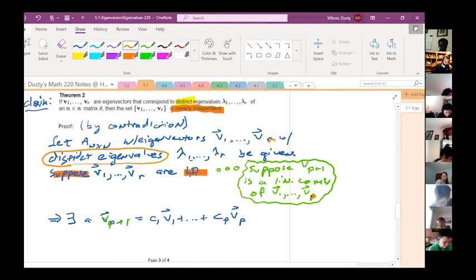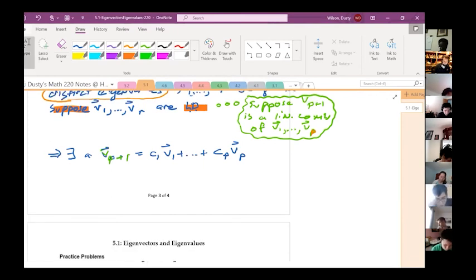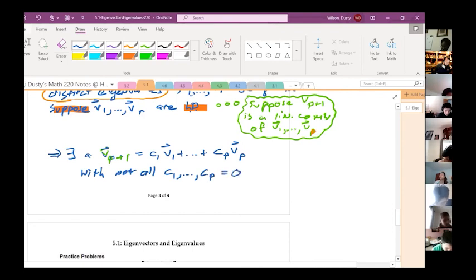So there exists a VP plus 1 that's a combination of all the other V's, and this would be true with not all the C's equal to 0. Okay. And we have V1 to VP are linearly independent. Okay.